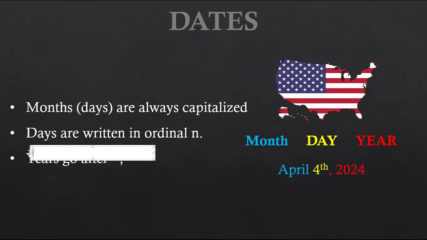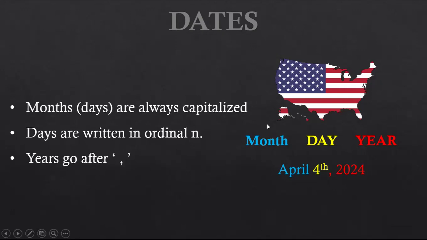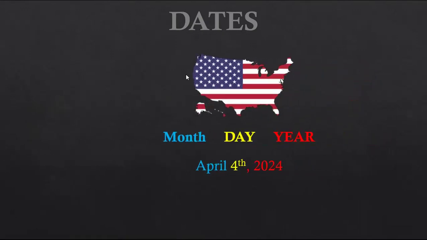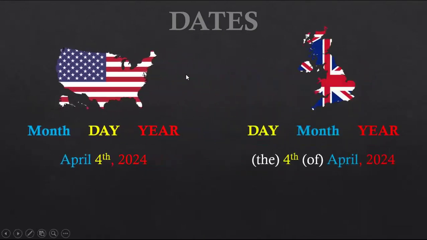I hope it's all clear, and we're going to finish with the differences between the American date and the British date. The American date, as we've seen, is the month, day, and the year, April 4th, 2024.